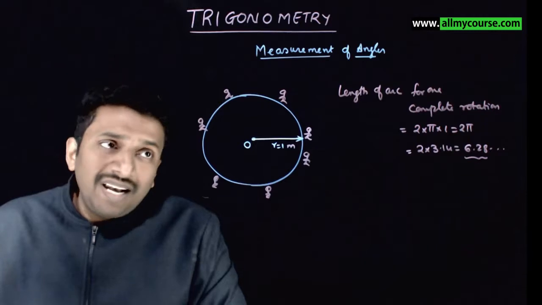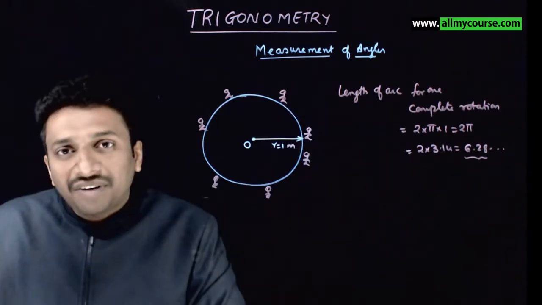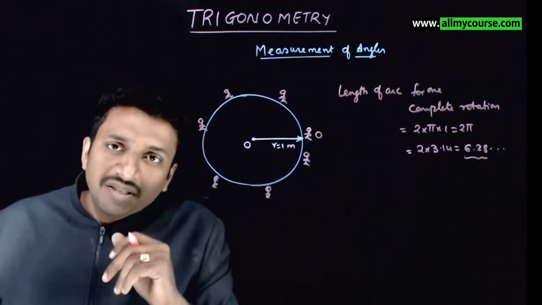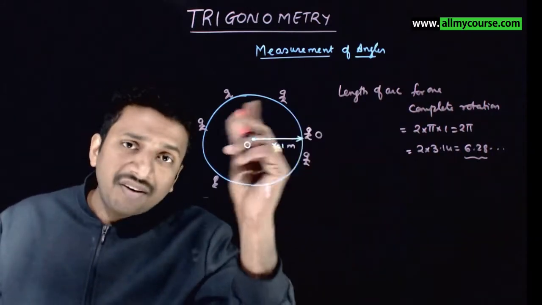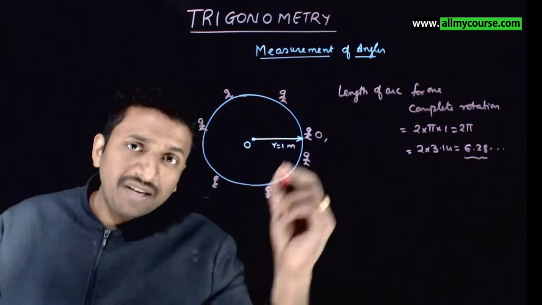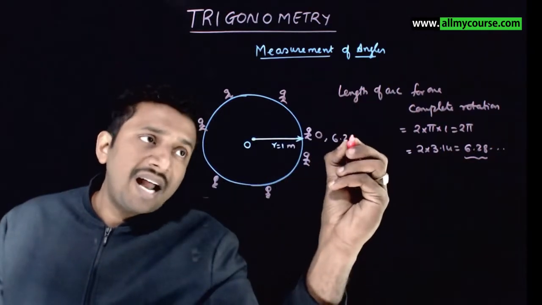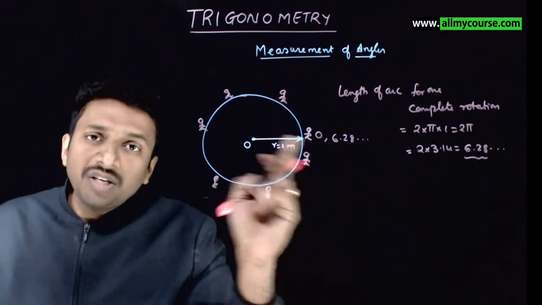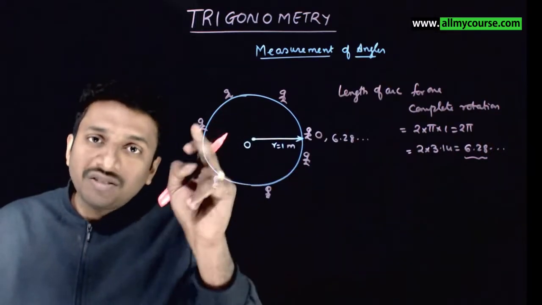Now let us see how many radians I have covered. Let this be called the zero distance. After completion of one complete revolution, my length traveled is 6.28 something meters. From 0 to 6.28, I'll cover 1 meter, 2 meters, 3 meters, and so on.